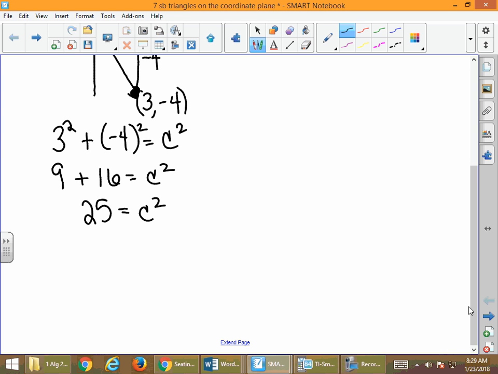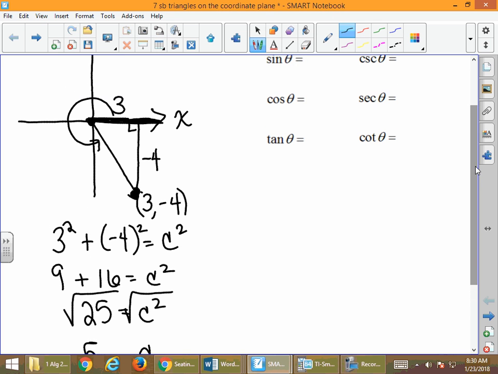And to solve this, we need to take the square root of both sides. We end up with c equals 5. Now, some of you did not need to do that work because you already knew that the hypotenuse was 5. I'm fine with that. If you look at my notes, you will see that I don't have it written down either.